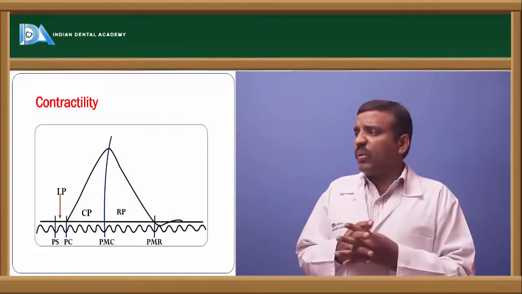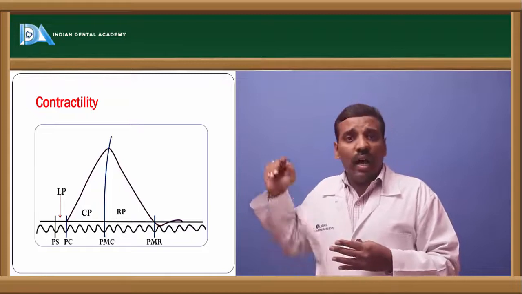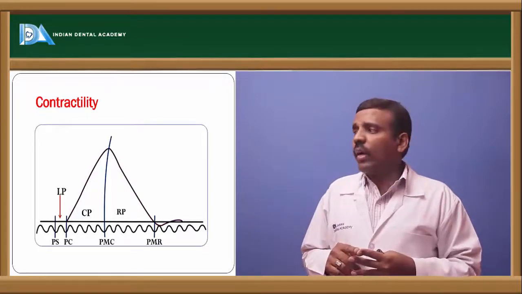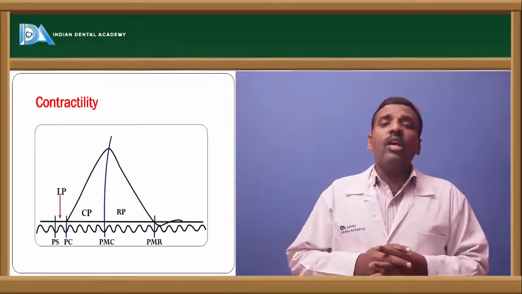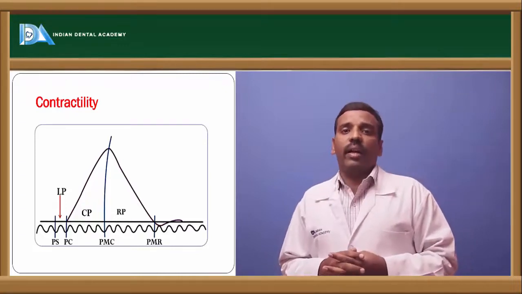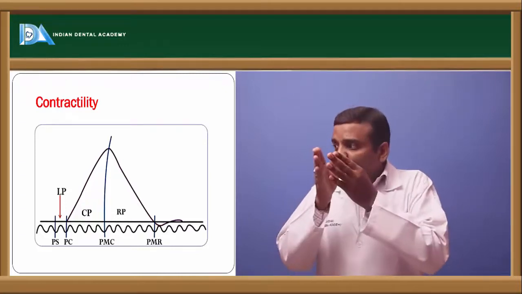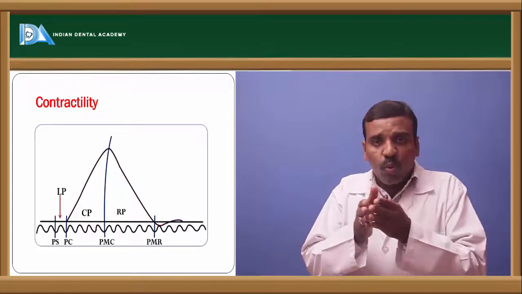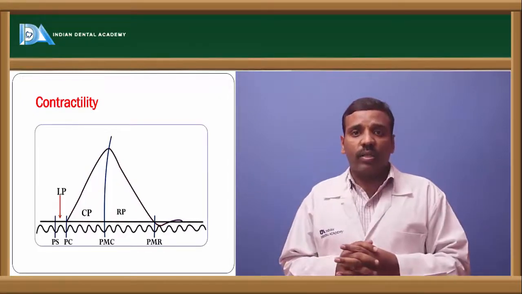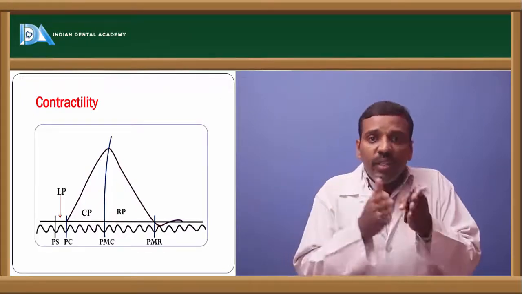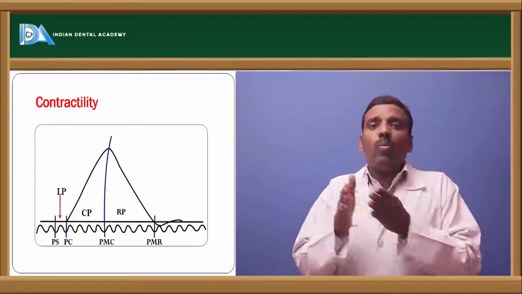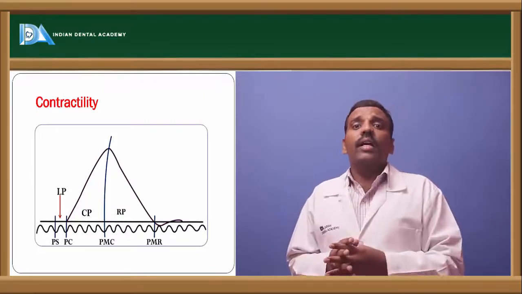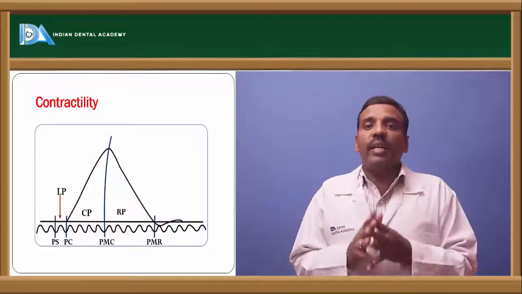After this PC, there is a highest level of the line, called PMC, the point of maximum contraction. The period between PC, the point of contraction, and PMC, the point of maximum contraction, is called the contraction period, CP.